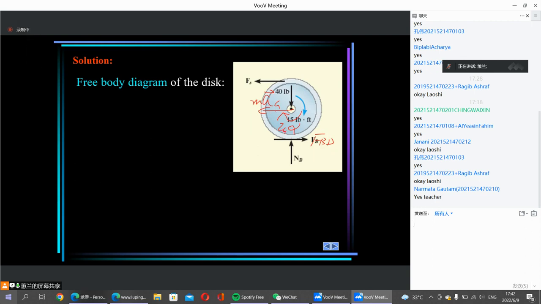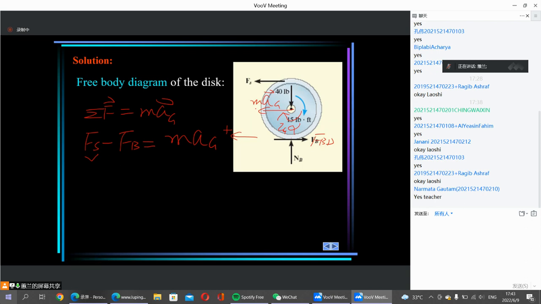So according to the equations of motion, we will have sigma F equal to MAG, right? For Fx, we define left as positive. So Fs minus Fb equal to MAG, right? Fs is given.